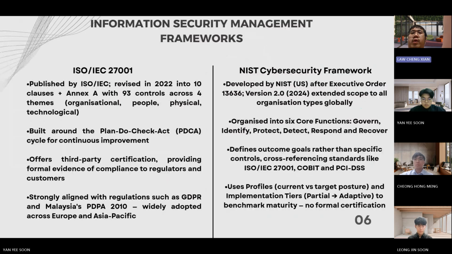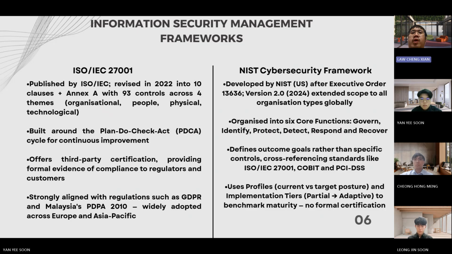Okay, so right now I'm going to cover two widely recognized InfoSec risk frameworks, that is ISO 27001 and the NIST Cybersecurity Framework. ISO 27001 is an international standard for information security management systems, revised in 2022.